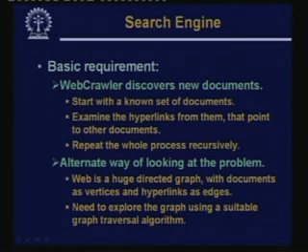So, let us now look into the search engine in some detail. The basic requirement of the search engine is discovery of the new documents. The web crawler has to discover the new documents. So, how does it perform this step? Well, the web crawler typically starts with a known set of documents.